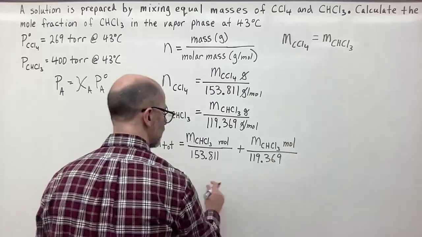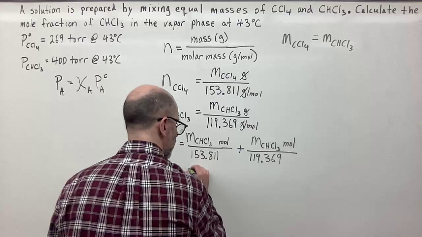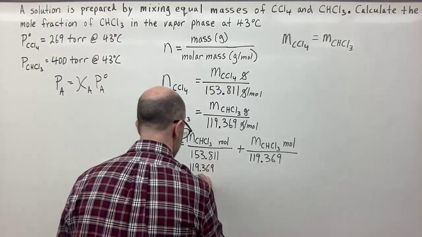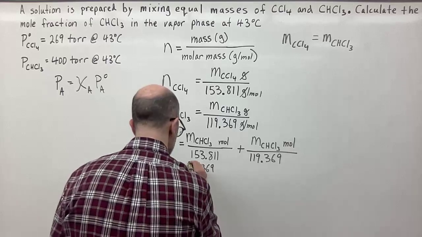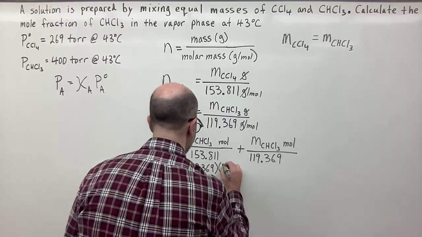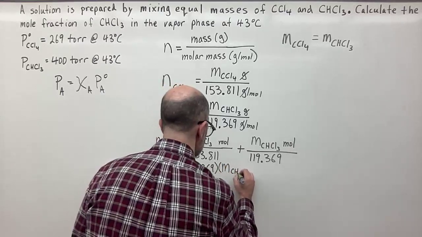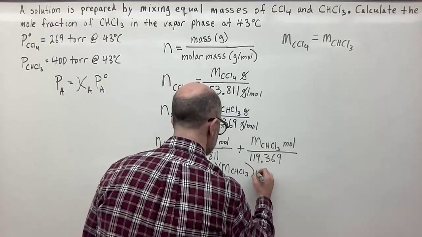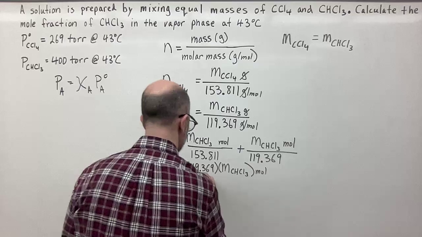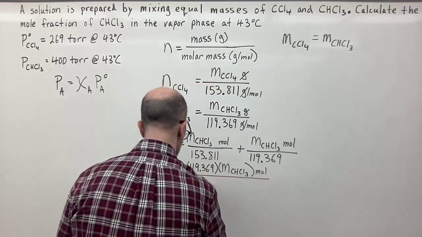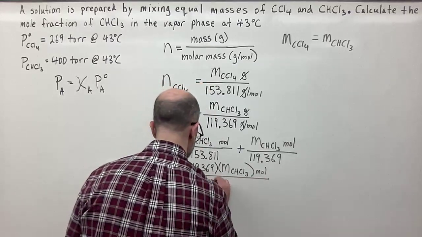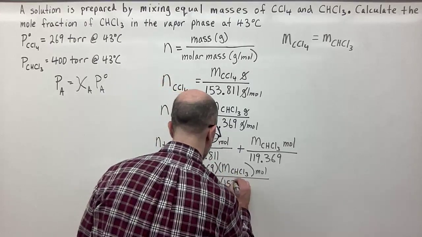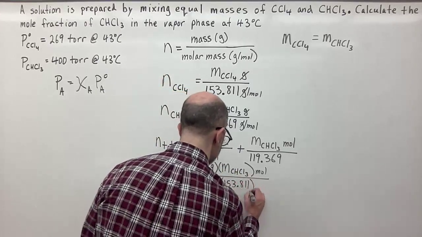So I'm going to take this and multiply top and bottom: 119.369 times the mass of CHCl3, in moles, divided by 119.369 times 153.811.